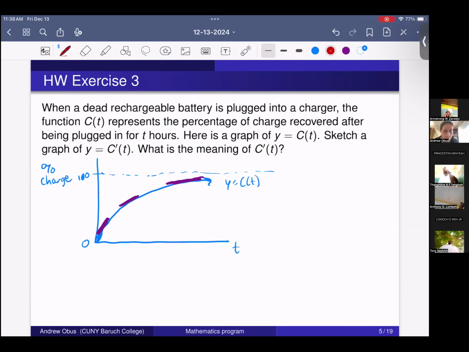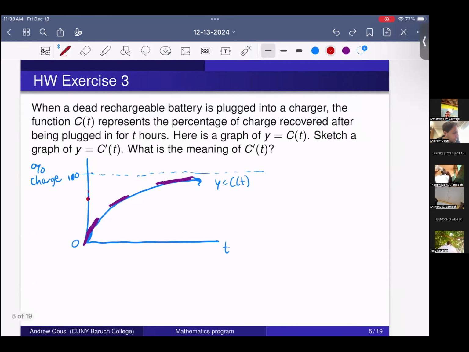So the derivative should start pretty high, some number. I can't tell exactly what it is because I haven't labeled the units for t on the axis. But at least schematically, we start by recovering the charge pretty quickly, with a slope over here, whatever that is. And then it's going to get slower and slower, so it's going to go down like this. Oh, wait, no, I wanted to do that in red. Hold on.